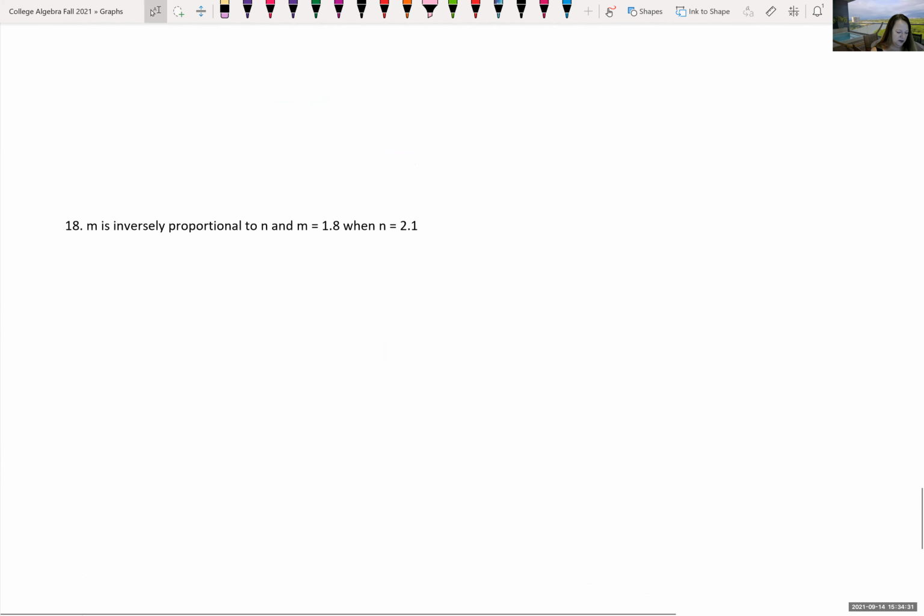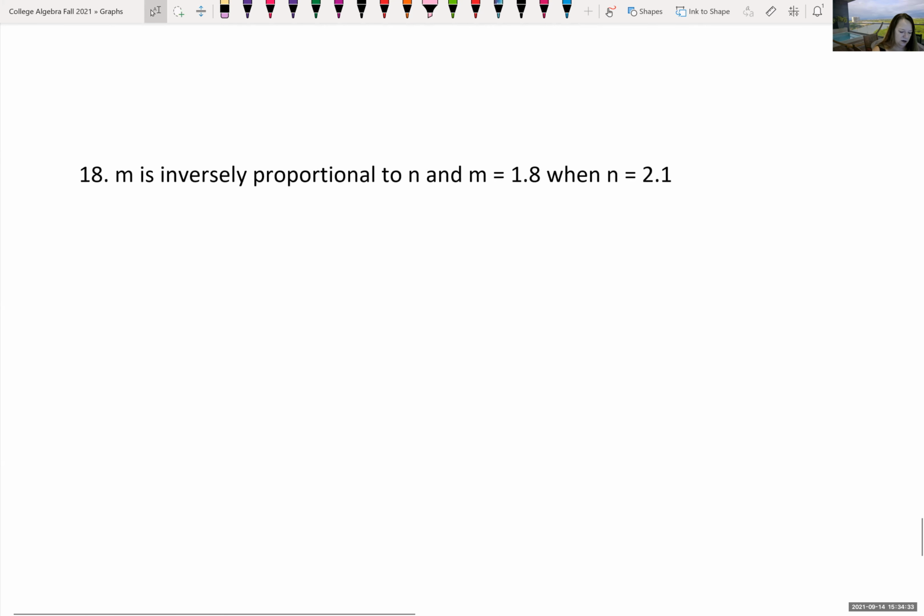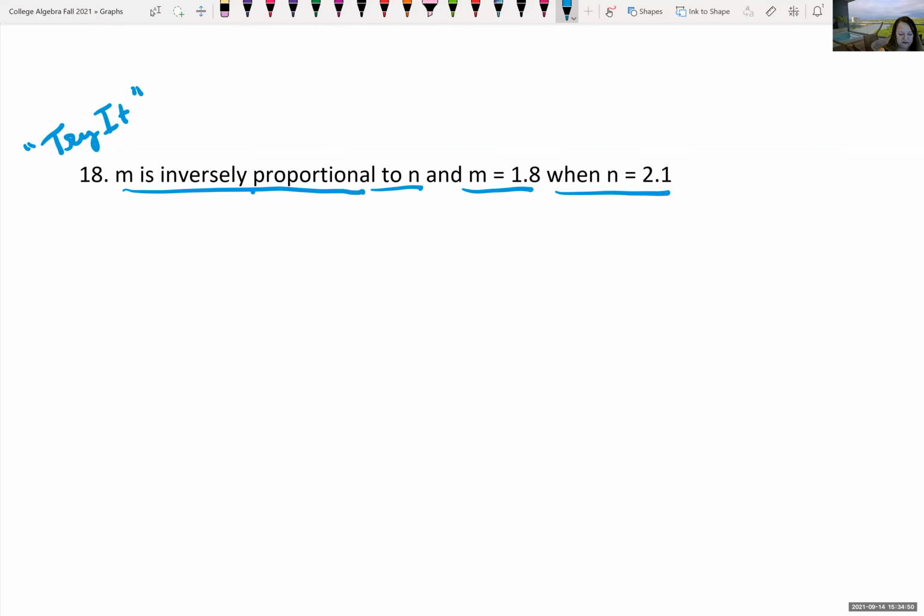Okay, so maybe you guys try one more. So this one says M is inversely proportional to N, and M is 1.8 when N is 2.1. So I'll give you a couple of minutes, try it, see if you can get it.